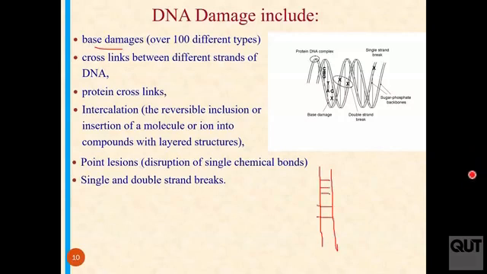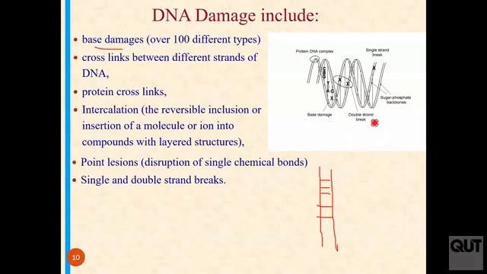The strands are like the outsides of the ladder, and then the little rungs are like the bases of the ladder. So you can get cross-links between the strands of DNA. You can get protein cross-links. You can get molecules inserted into different structures in the DNA.